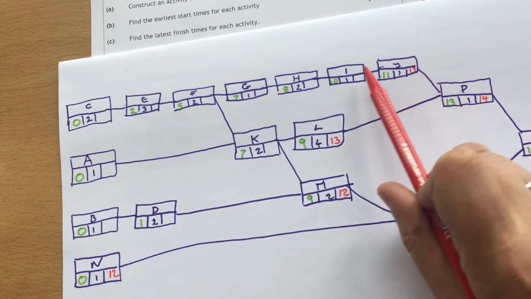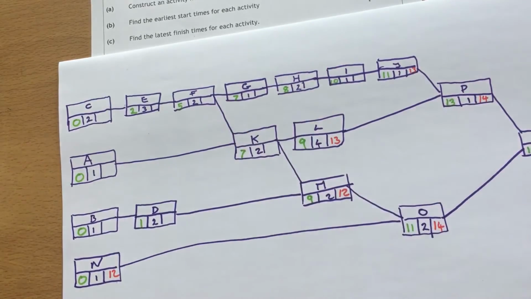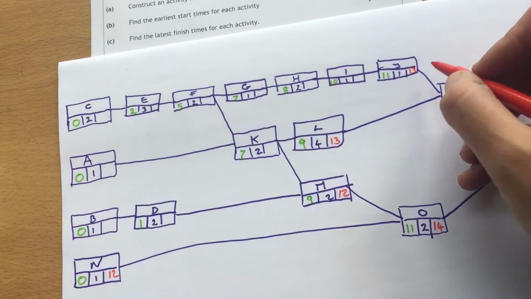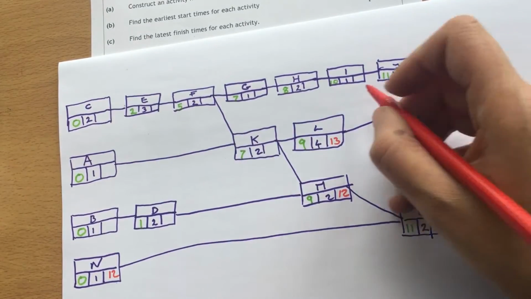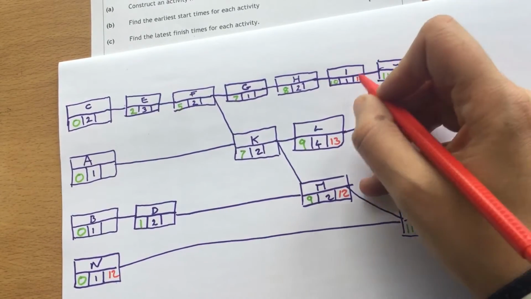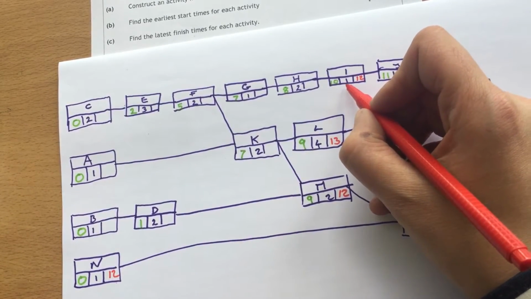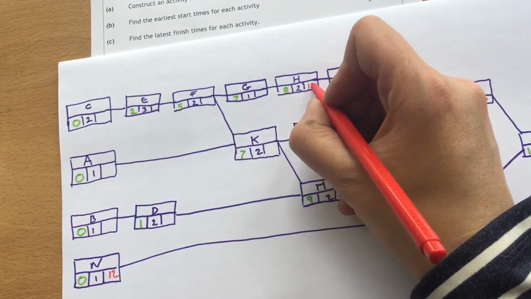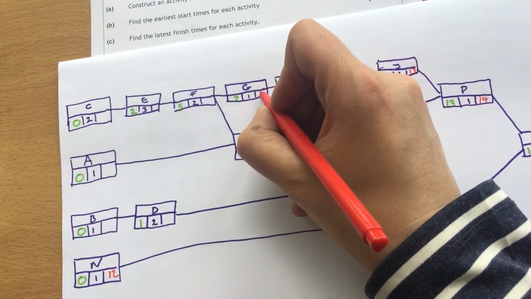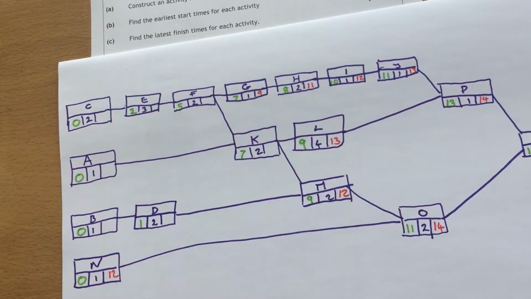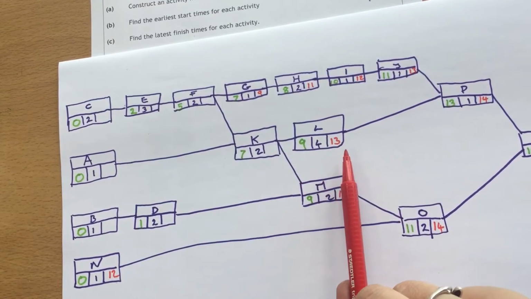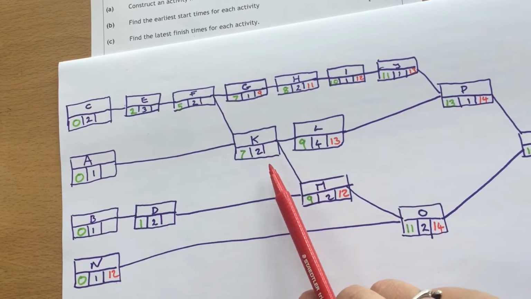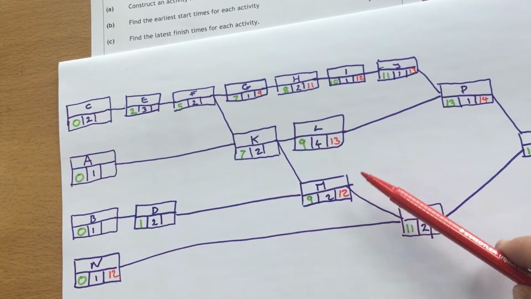This 14, take away 1, they're going to hand forward a deadline of 13. So if we go along the top, then that's going to be the easiest bit to do first off. So 13 take 1 is 12, 12 take 1 is 11, 11 take 2 is 9. Now at K, you've got two options.